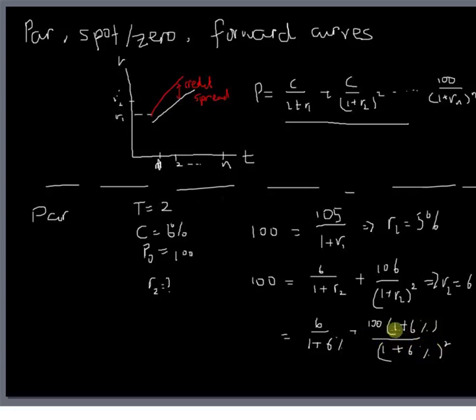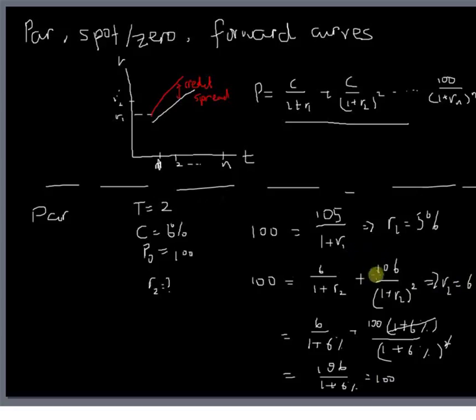Okay, so these two terms cancel out, and this will become 106 over 1 plus 6%, which is 100. This proves that 6% is the correct answer.